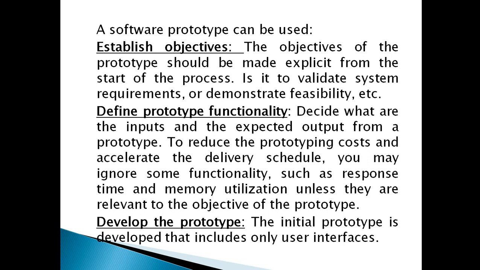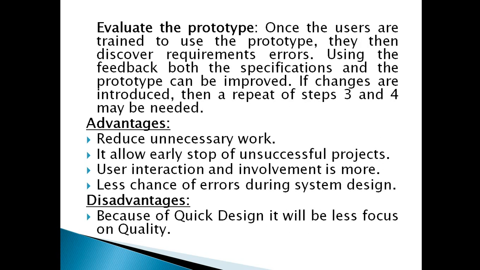The initial prototype is developed that includes only the user interface. The system interfaces with the user, right? So demonstrate the system, and after it gets the feedback, the requirements, the demands and needs of the user are to be recorded. After it develops the system, the source code is written.